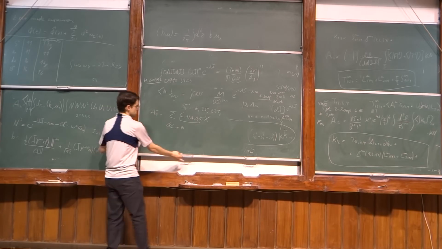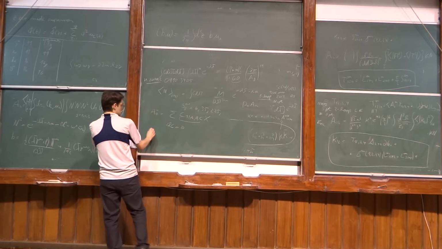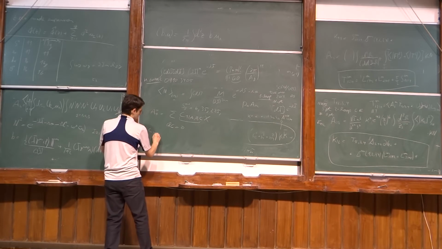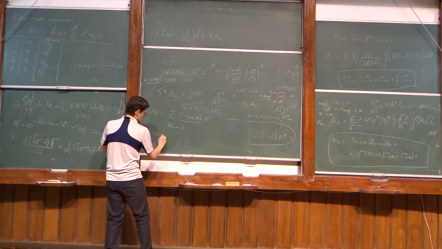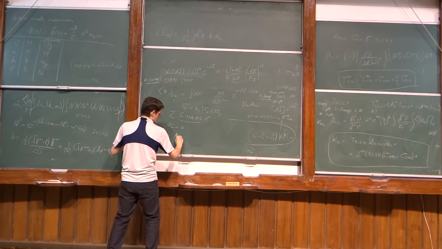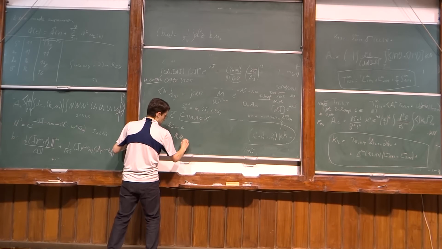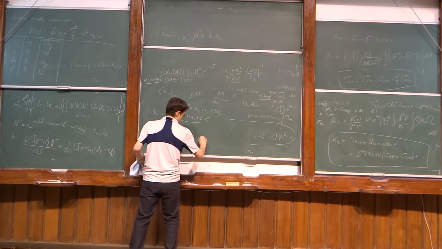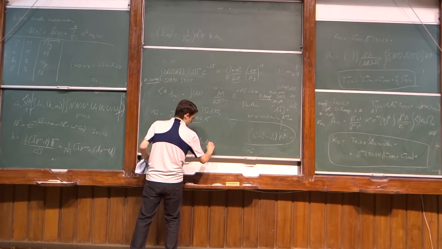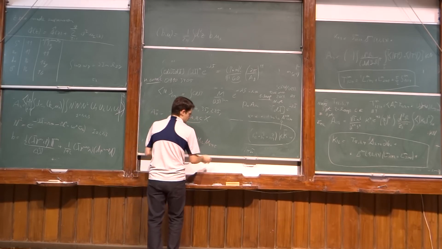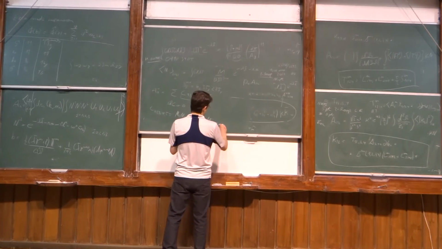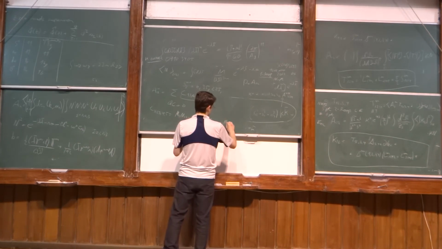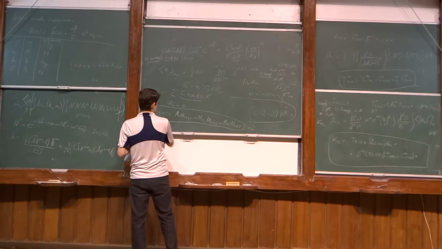And just as an example, the 5-point BRST invariant is written as M1, M2,3,4,5 plus M1,2, M3, M4, M5 plus M3, 1.